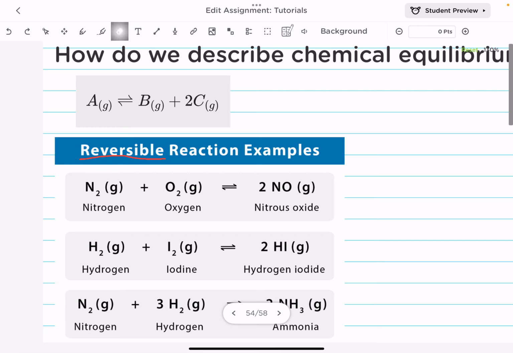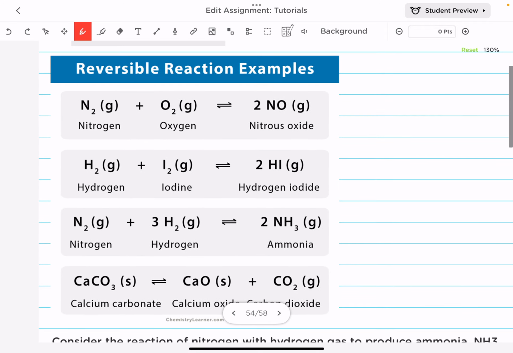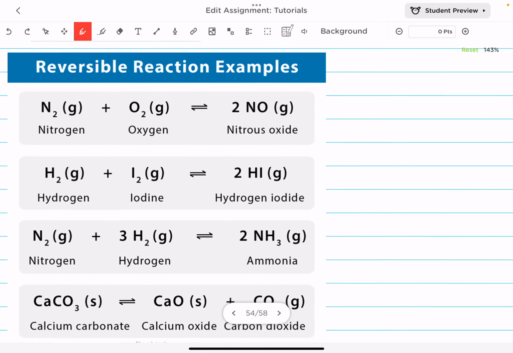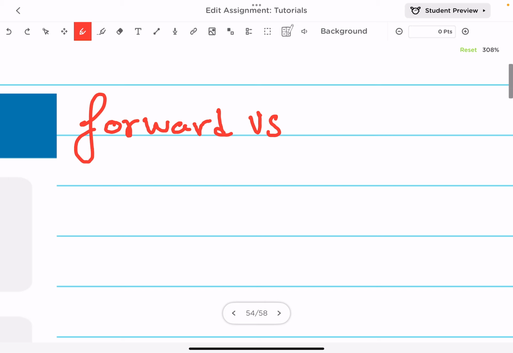Before I start explaining what is dynamic equilibrium, I'm just going to give you some examples of reversible reactions. And I want you to notice the difference between a forward and a backward, or what I call reverse, reaction.